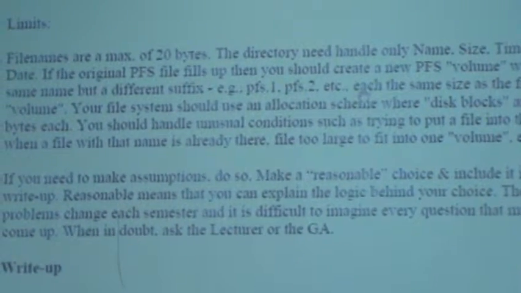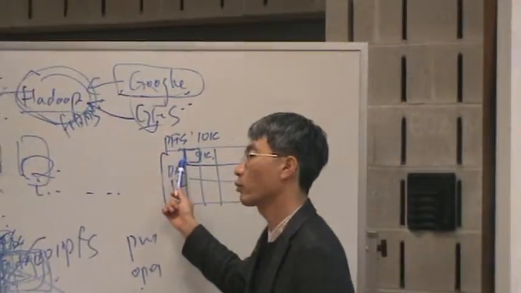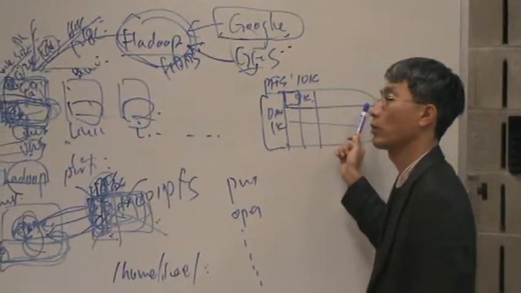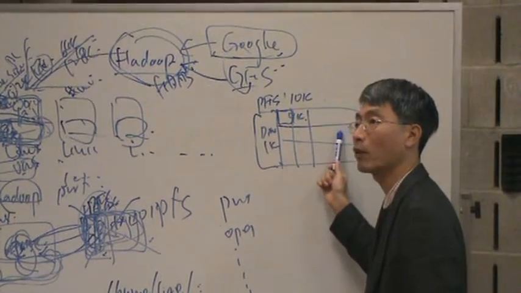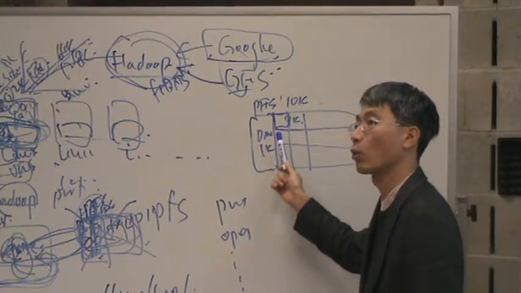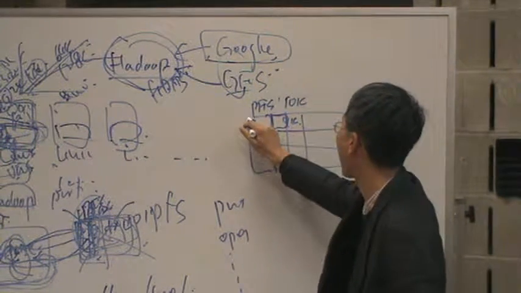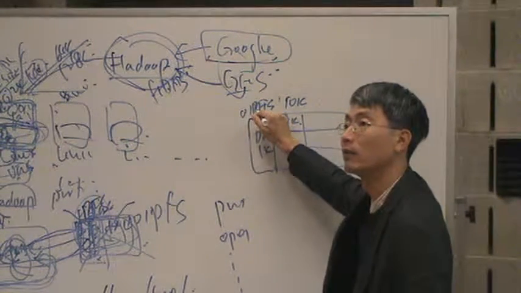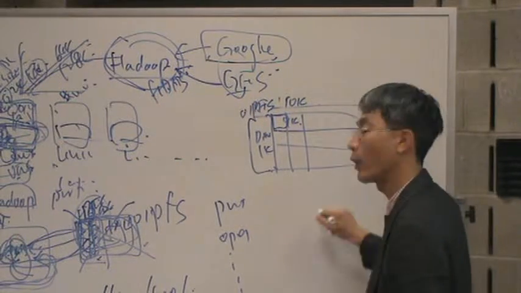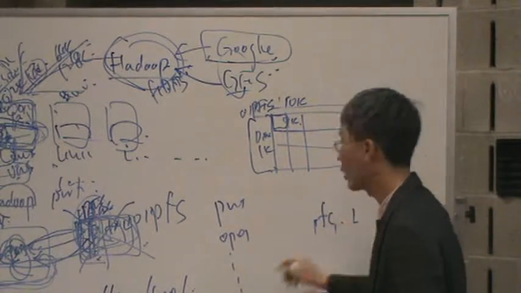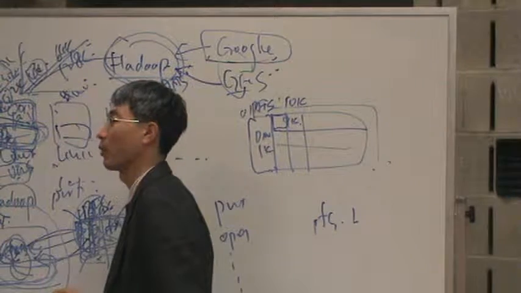Which means in your directory structure, you need to manage such blocks. How many blocks are available, where your block is located. Okay, because it's a 10K, you need to manage the offset. Because it's a file anyway, PFS1 in your original file system.